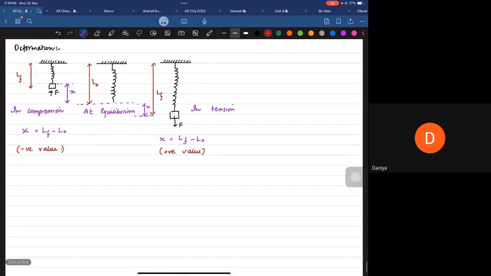Now, whenever you see tension force, wait a second.